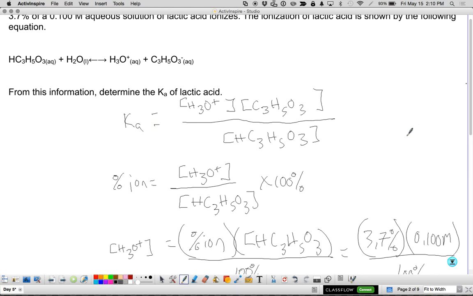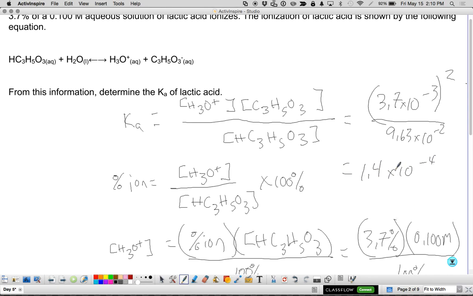So I can just go ahead and do that. Both of these concentrations were 3.7 times 10 to the minus 3, so I can just do 3.7 times 10 to the minus 3 squared over the concentration of lactic acid at equilibrium, which is 9.63 times 10 to the minus 2, okay? And that's 1.4 times 10 to the minus 4.